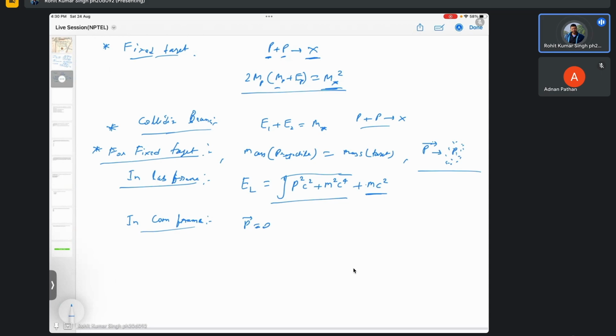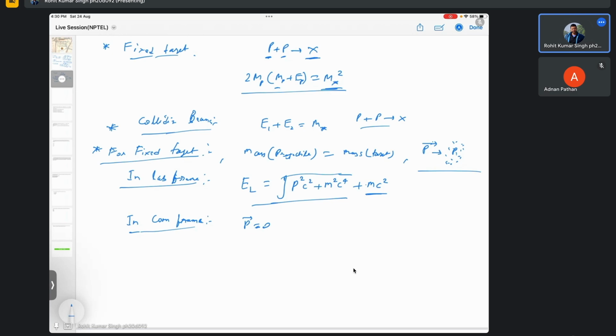Right. Now, we have 2 frames, and we have to calculate the total center of mass energy, but we know the energy in the lab frame only, right? So how to do it? Even if we have 2 frames, the total mass will be the same in both frames, right?